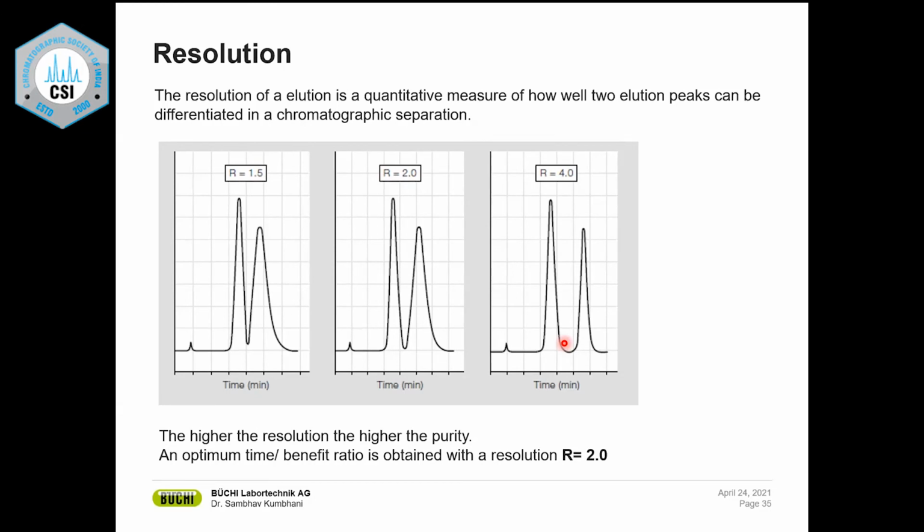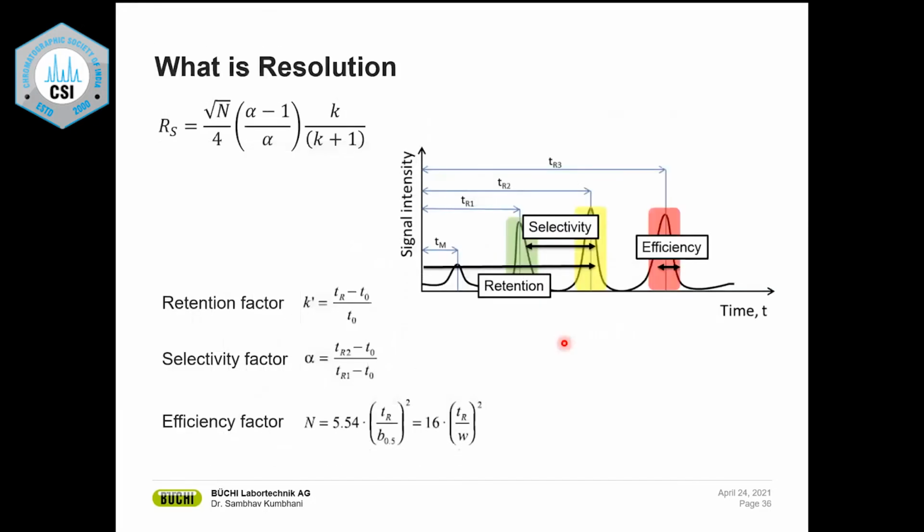The way you calculate resolution is based on your theoretical plates, your selectivity factor, and your retention factor. So what is retention? Retention is basically how well your compound is retained on your stationary phase, and that is calculated by taking the retention time of the peak minus the TM, and you get your retention factor.